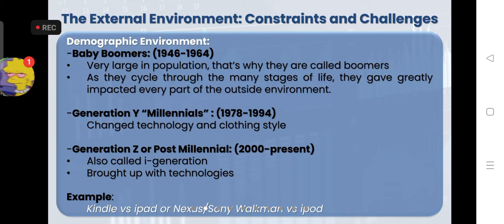Demographic age cohorts are important to our study of management because large numbers of people at certain stages in life can constrain decisions and actions taken by businesses or other organizations. So, next.